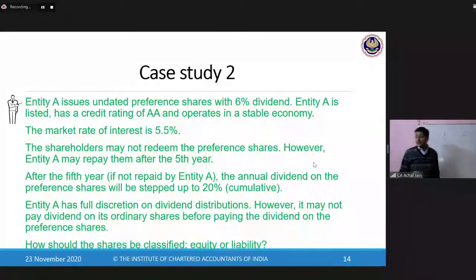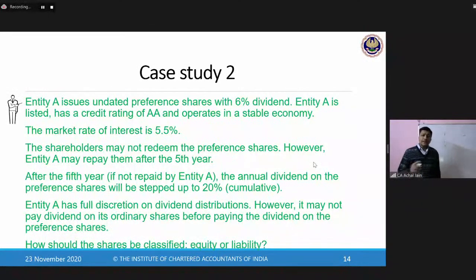Now I've received your responses. Chavi is saying, sir, it has to be equity. Kostav is saying equity. Vaibhavi is saying equity. Okay, very good. Now let's understand about interest. What is interest? It's nothing but dividend in this instrument.